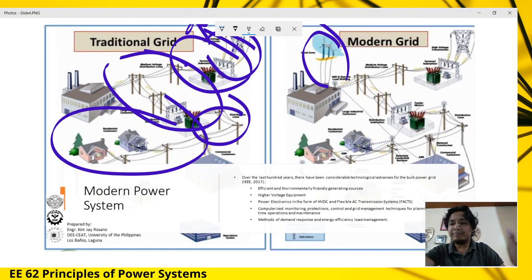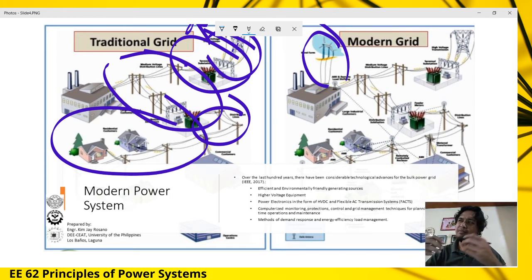Well, kung ano yung difference noon, we'll tackle that along the course kung ano yung difference ni transmission system and distribution system. But in a broader sense, transmission system and distribution system are there to transmit and distribute power.